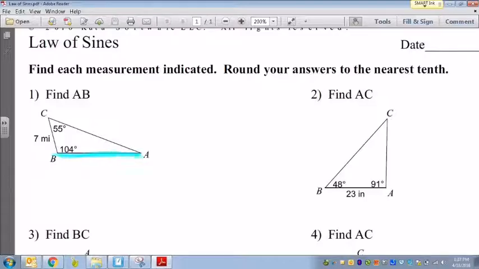Okay. And another thing I like to do is I like to label all the sides. So notice how the angle A is over here. Okay, angle A is over there. And the angle opens up to the side that it belongs to. So angle A opens up to side a, which is 7 miles there.